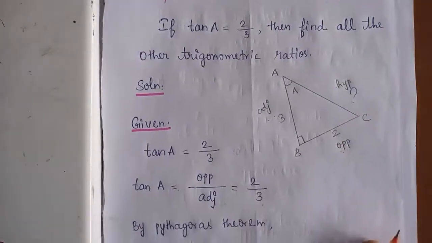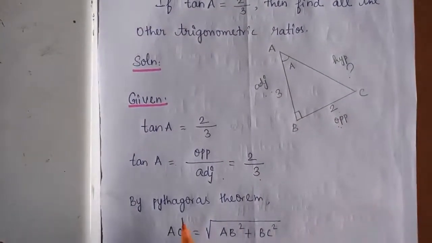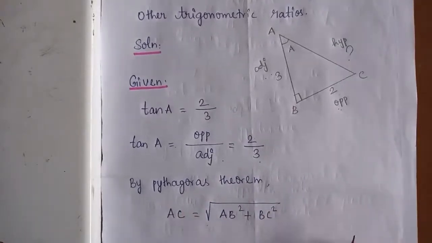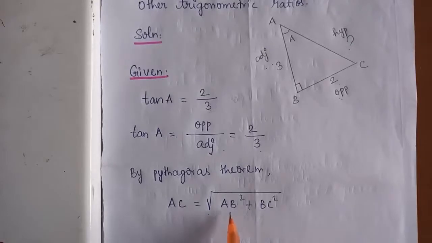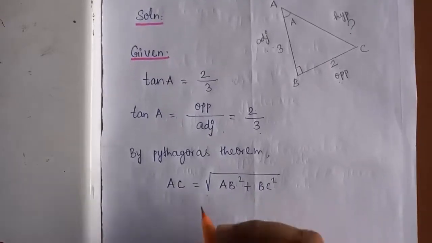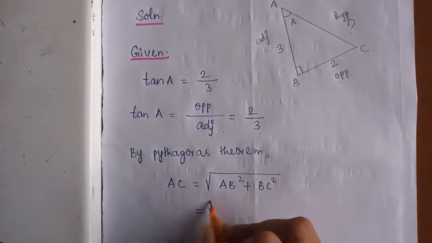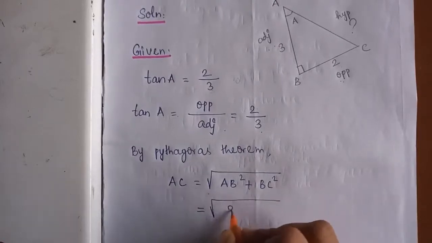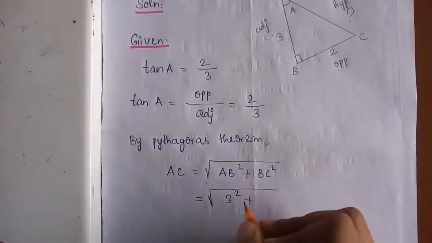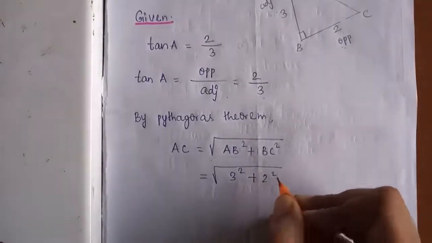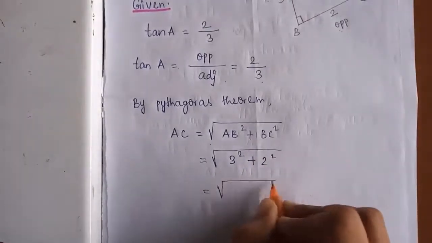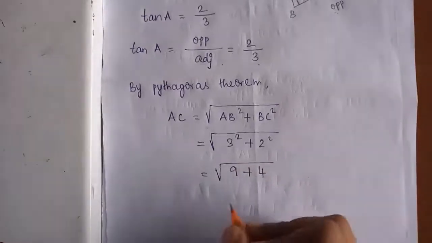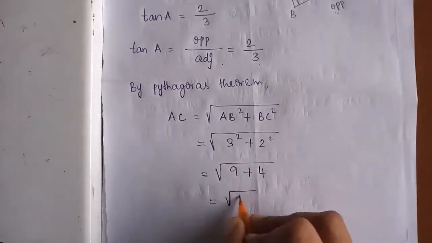So by using the Pythagoras theorem, AC is equal to root of AB square plus BC square. Now we know the value of AB and BC too. Now substitute the values. So root of AB square is nothing but 3 square plus BC square is nothing but 2 square, which is equal to root of 3 square is 9 plus 2 square is 4, which is equal to root 13.